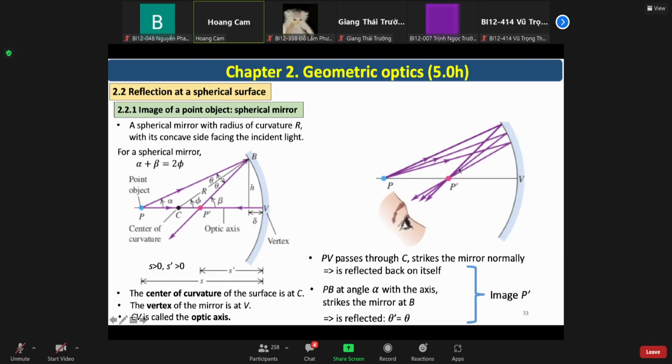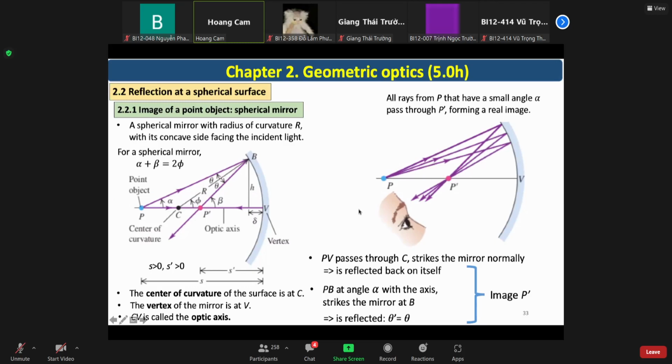In order to be able to observe, the light has to come to our eyes like this. Rays from P that have a small angle alpha pass through P prime, forming a real image, because the reflected rays in this case indeed intersect. That's why we have a real image.